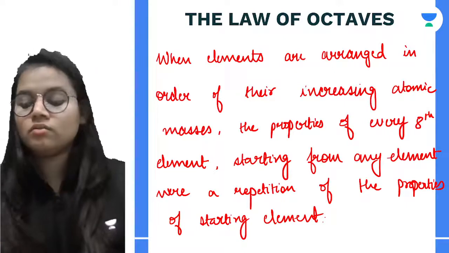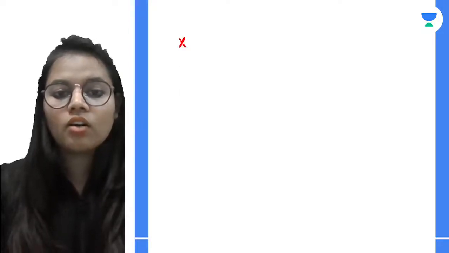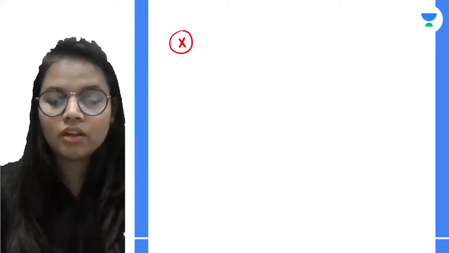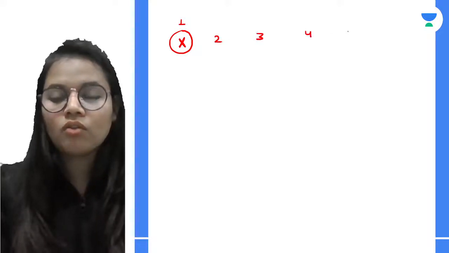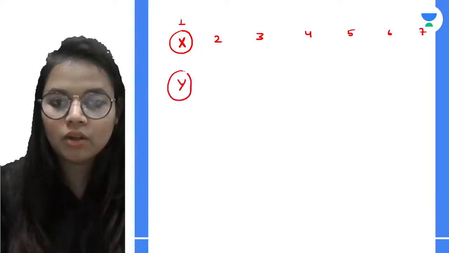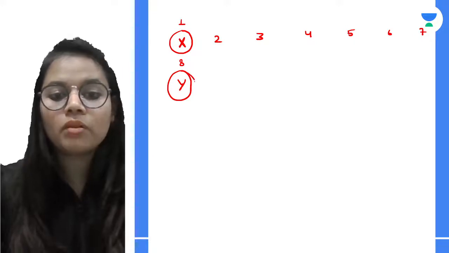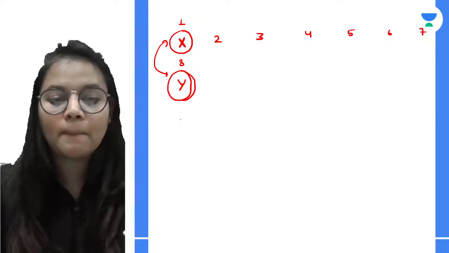So he told, okay, I'll just explain it over here. If I'm having any element, let's say X, and I start my counting from here: 1, 2, 3, 4, 5, 6, 7, and over here let's have an element 1. This is the 8th element. So he told that the properties of the first and 8th element will be similar.